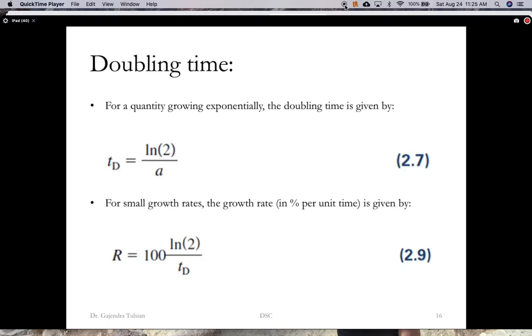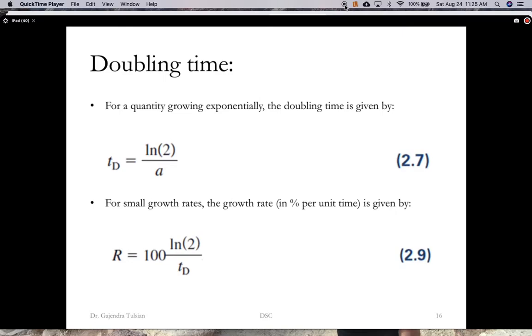to calculate the following. We are interested in doubling time. Okay, so what that means is in what time period will the quantity double? So for instance, if your salary is growing annually by 5%, how many years before your salary doubles? That's the question. Okay, so the doubling time is natural log of 2 divided by A, the growth rate per period.